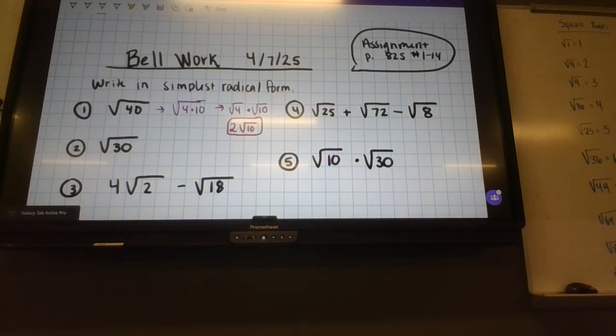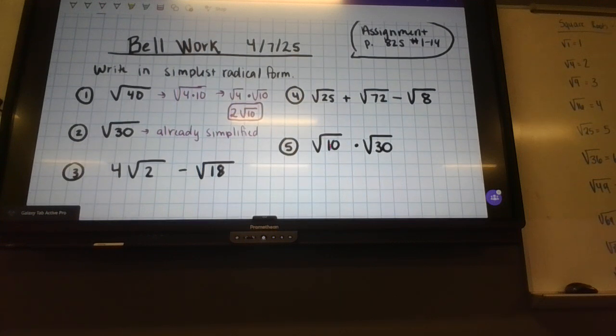Simplest radical form already. Right. And then you square root 1. But then it's 1 times the square root of 30, which is still the same. There's no change.